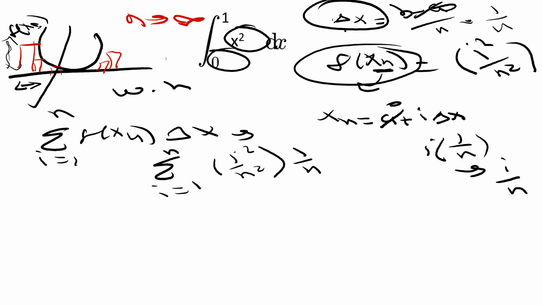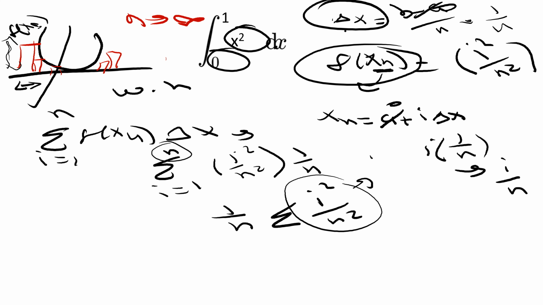I would get rid of this 1 over n because it doesn't matter for me right now. So 1 over n squared, summation of i squared divided by n squared. I will get rid of n squared because this is the same as saying i squared times 1 over n squared.